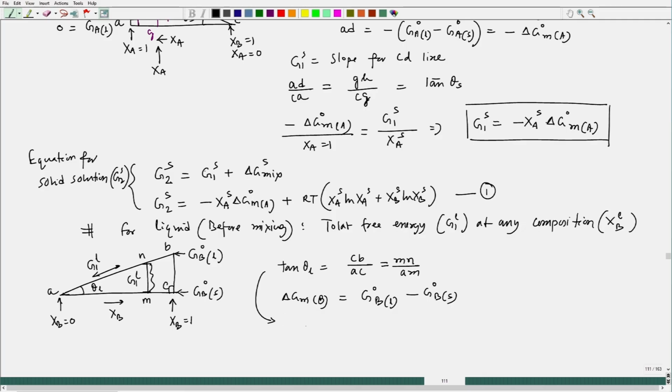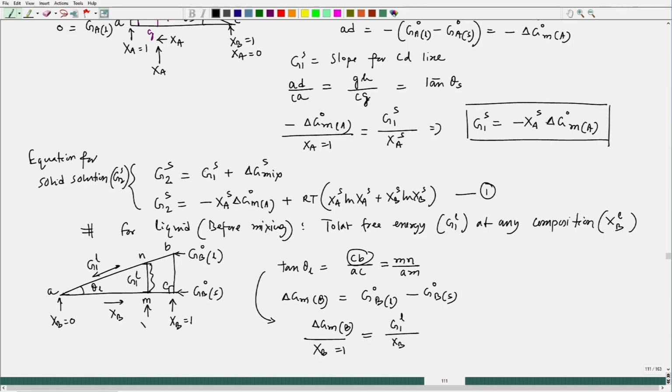Then this would give me CB equal to delta G M B, since delta G M naught L has a higher value than delta G B solid at temperature T. So this CB value divided by AC, which is nothing but XB equal to 1, should be equal to Mn, which is G1L, divided by XB.